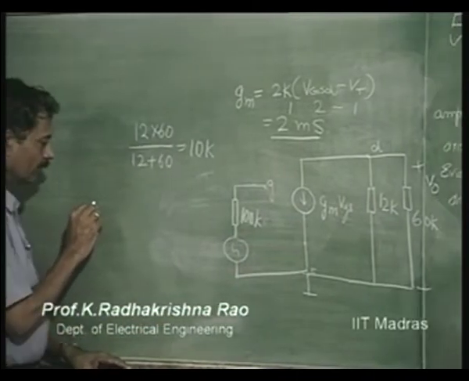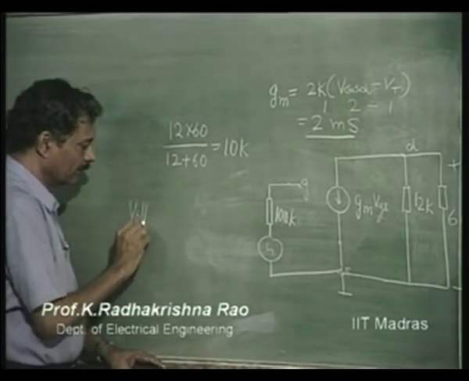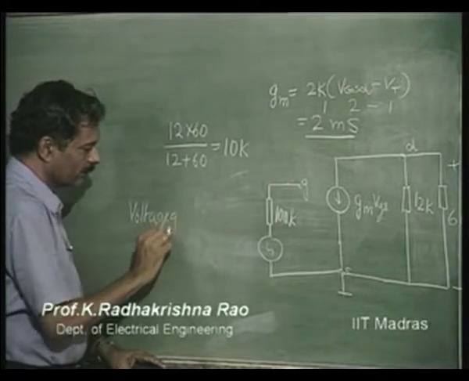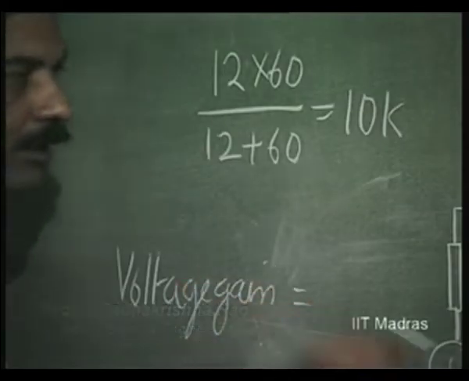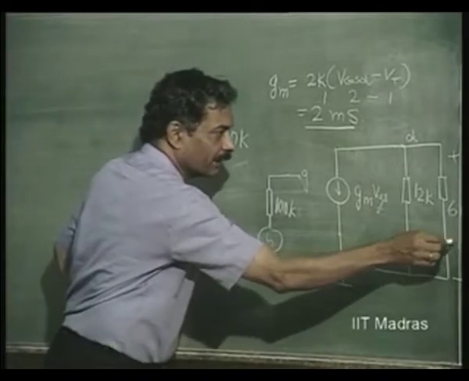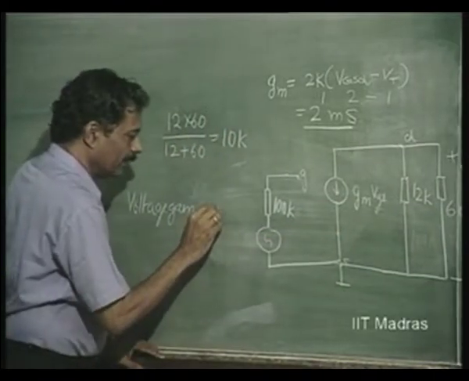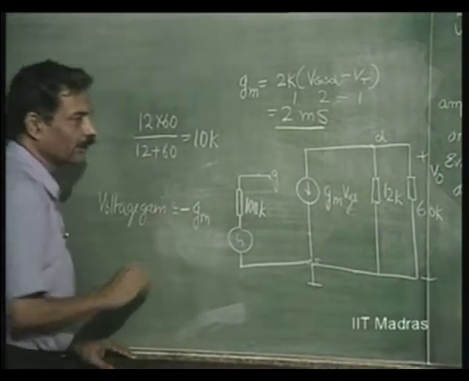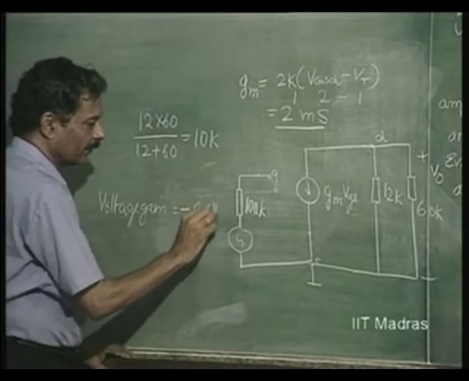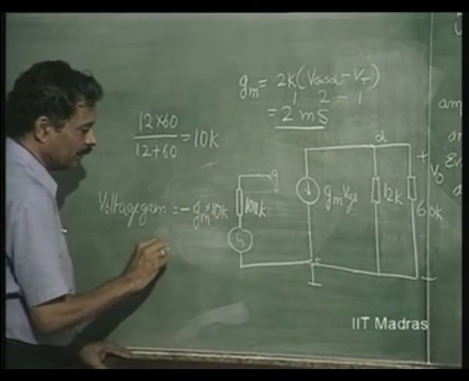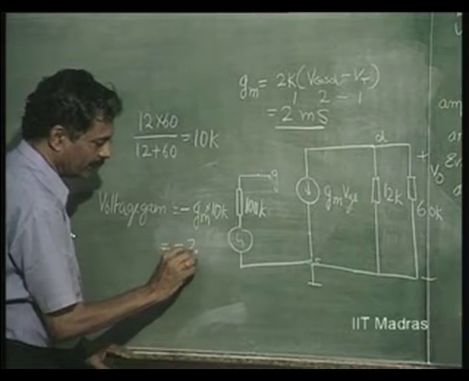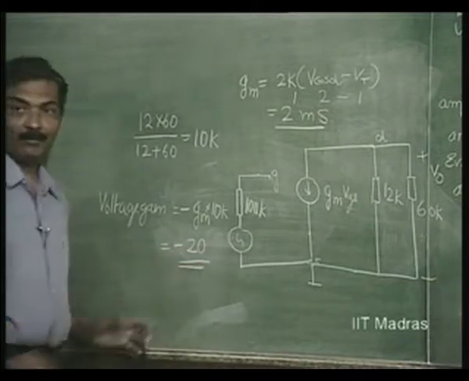So this effective combination is 10K. So the voltage gain is minus Gm into 10K, which is minus 20. This is a good amplifier.